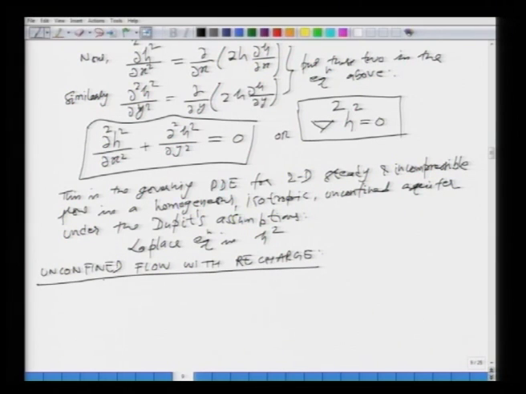As you can see, what will be the changes? The governing differential equation will remain the same as far as the integral continuity equation is concerned. That does not change whether you are considering 1D, 2D, or 3D flow.